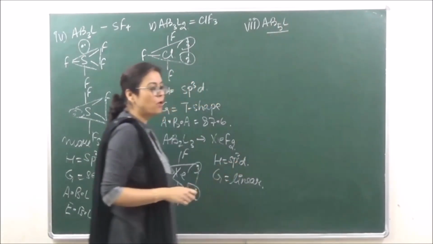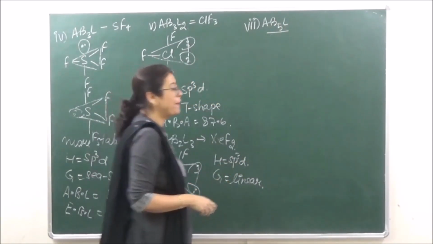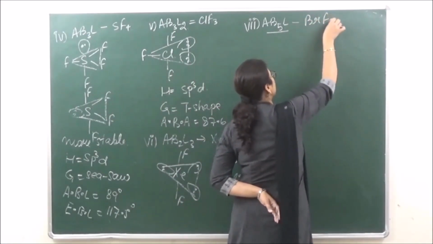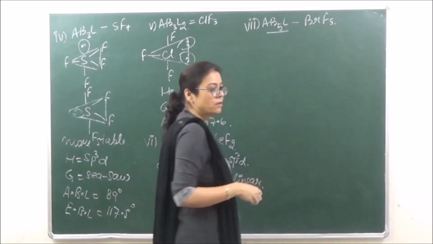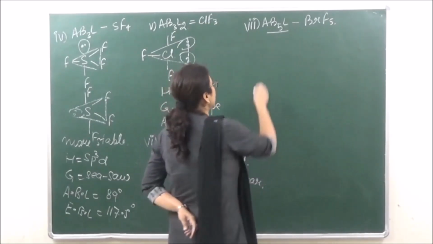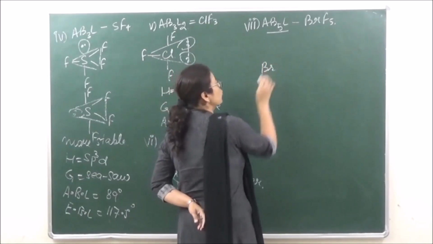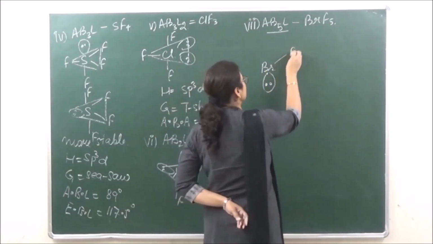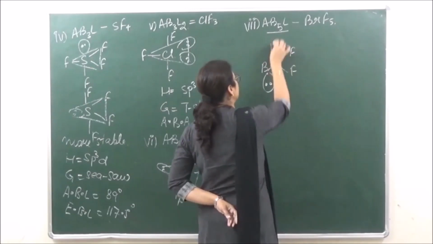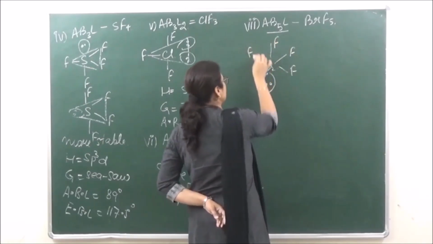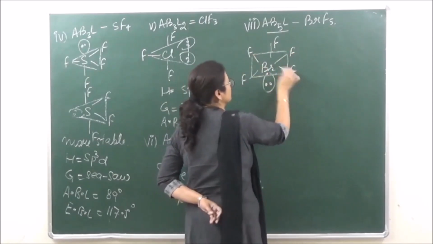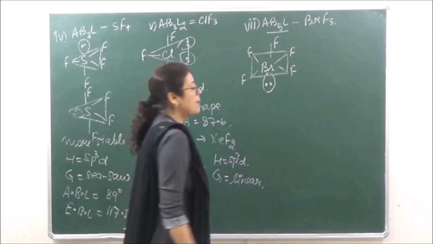Then the next we have AB5L. So there are 5 bond pairs and there is one lone pair. Example which we are going to take is that of BrF5. Right? So over here we have bromine in the center, lone pairs, right?